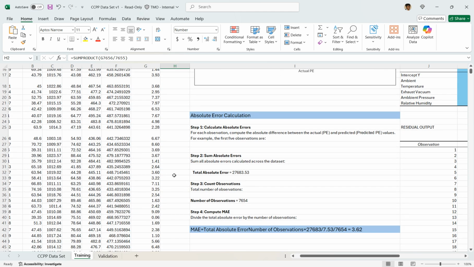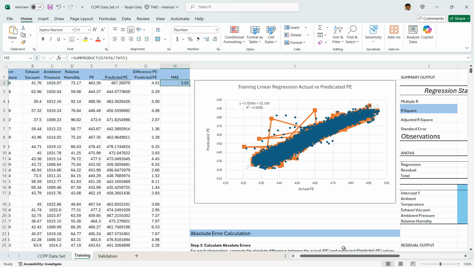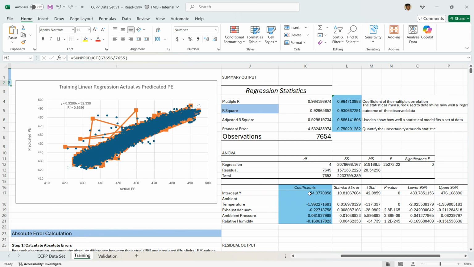What we do is tally the total absolute errors divided by the number of rows, and that determines our mean. In addition, we have our coefficients for each feature attribute.